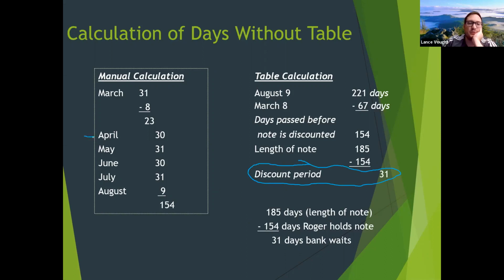So you can go through the whole rigmarole like we did last week. Well, there's 30 days in April, 31 days in May, 30 in June, 31 in July, 9 in August, and there's only 23 days left in March, so it's 154, and then 185 is the length of the loan, so you go in and discount it for 31 days.